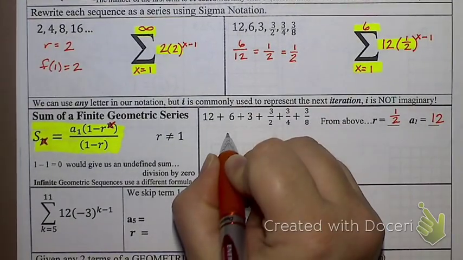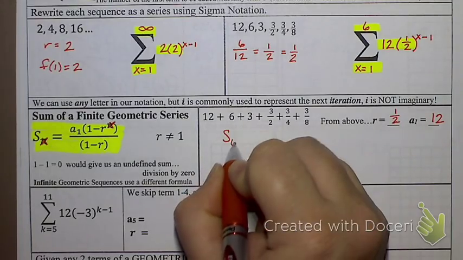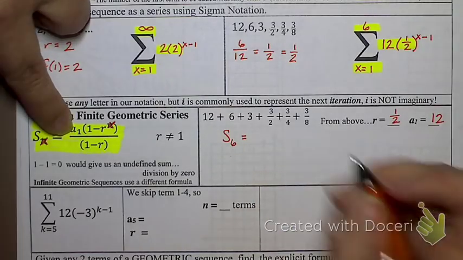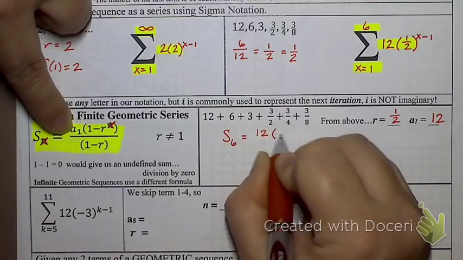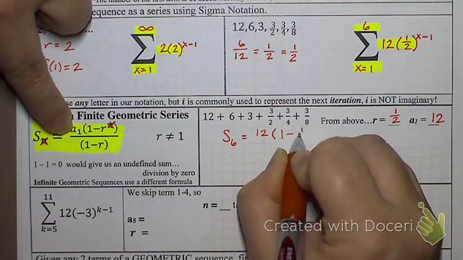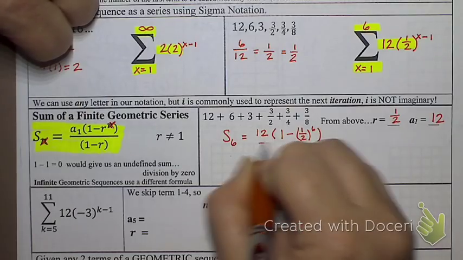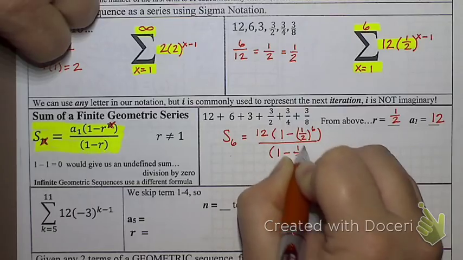So I'm going to find the sum of how many terms? 6 terms. That is going to be equal to the first term, which is 12, times 1 minus my R value to the 6th over 1 minus my R value.